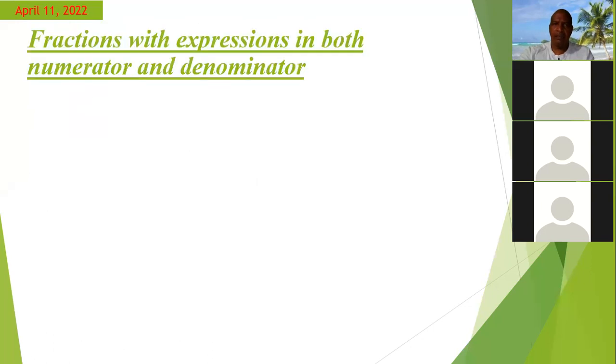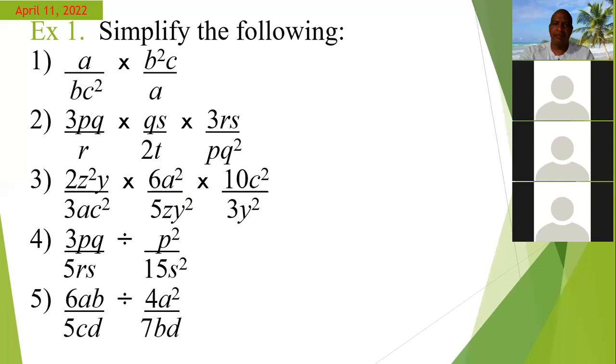All right. What we're going to be looking at next, we're still on multiplying fractions, but now if you notice the fractions that we have just looked at, these fractions are fractions with just simple terms in their numerator and denominator.